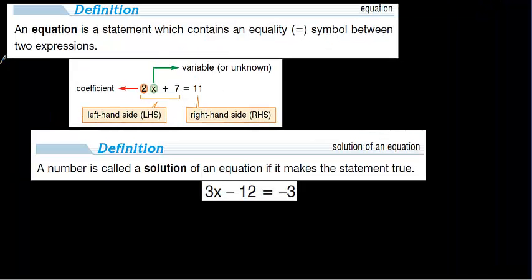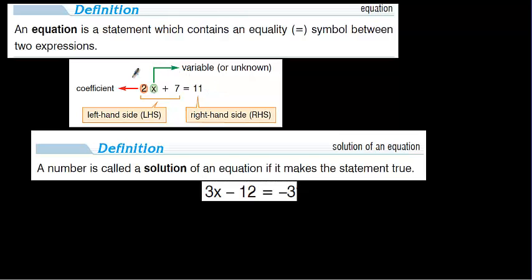An equation is a statement which contains an equality sign, this symbol, between two expressions. Here we have the left hand side and the right hand side, it is given also here. There are two expressions: 2x plus 7 is one expression and 11 is another expression, and there is equality between these two expressions.